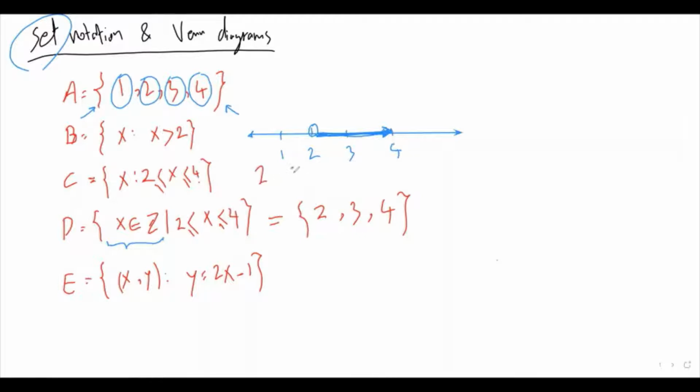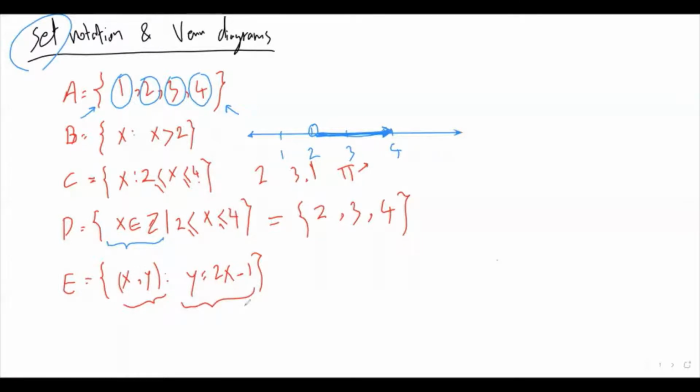However, in C, if they ask us to name 2 members of C, we could say 2, we could say 3.1, right? We could say pi, because pi is 3.14, so that also belongs to this set as well. It doesn't have to be a number, it could be a pair of numbers, like in this case in E, it's actually a point, right? That's the coordinates. And what's the relation between x and y? It's given here.